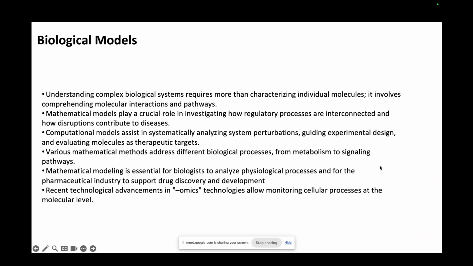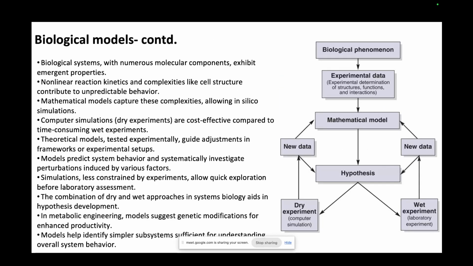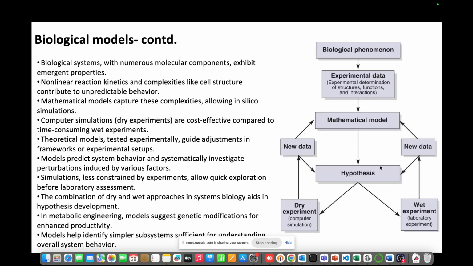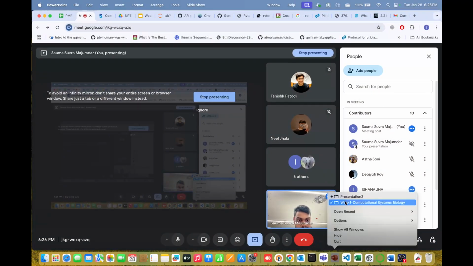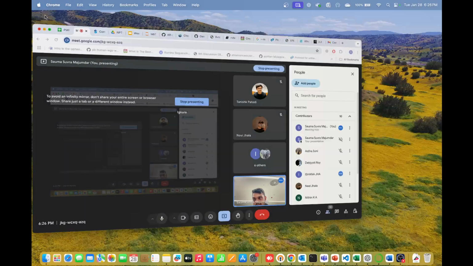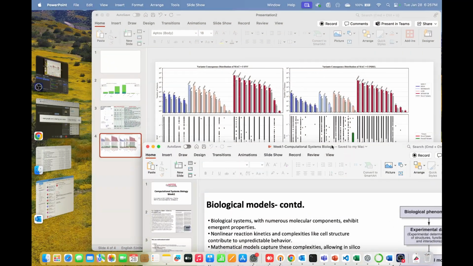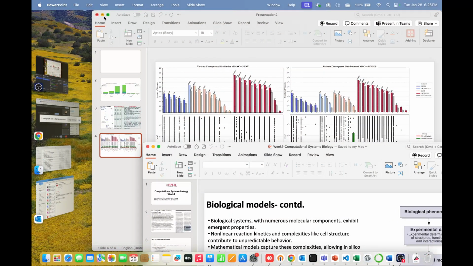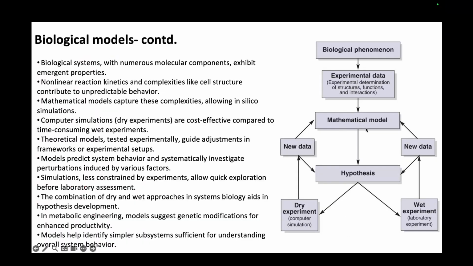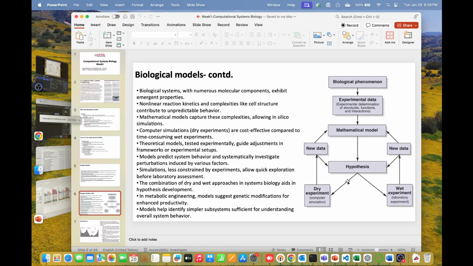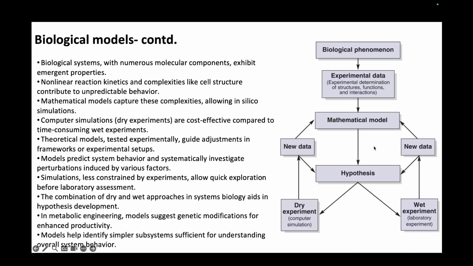There's something happening when I'm trying to do the presentation. I hope you can see my screen. Please let me know if you can't. Okay.